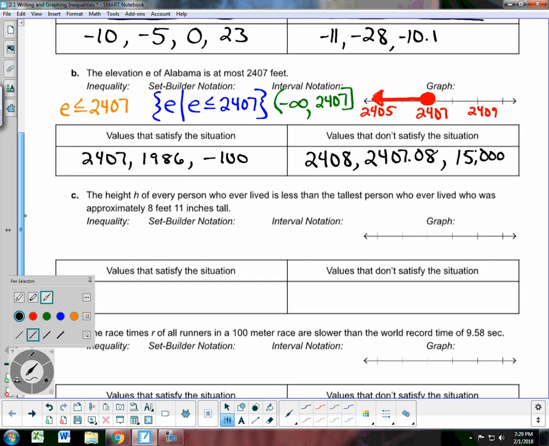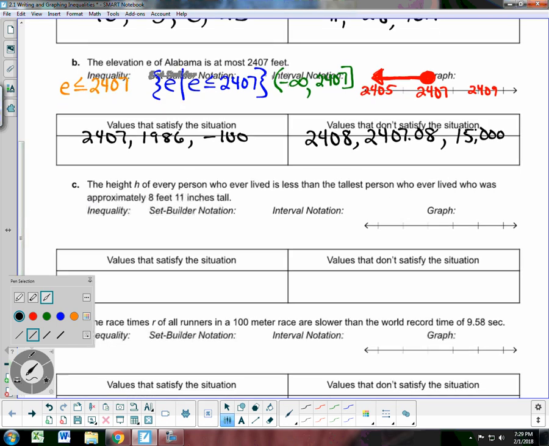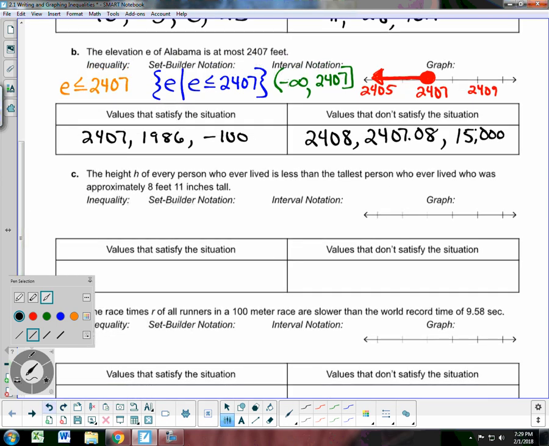All right. So this next one: the height h of every person who has ever lived is less than the tallest person who has ever lived, who was approximately 8 feet 11 inches tall. Every person who has ever lived, other than the tallest guy, is what to the tallest guy?